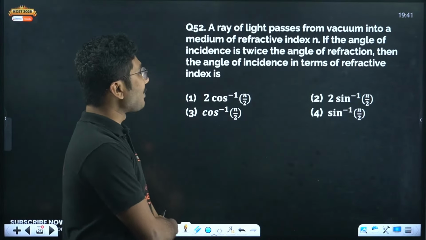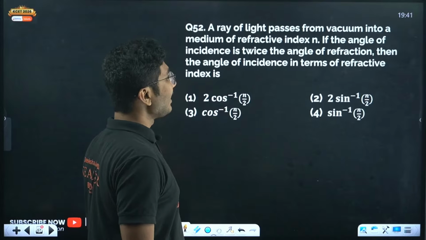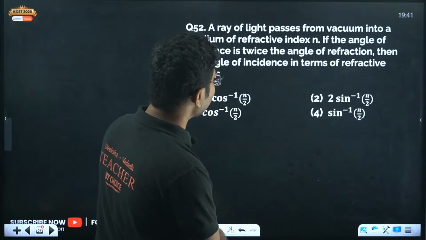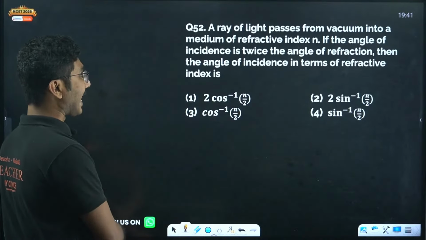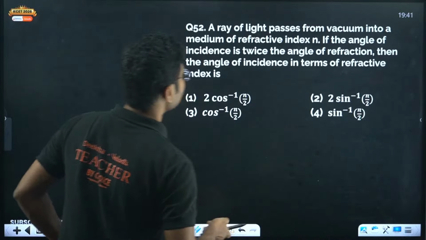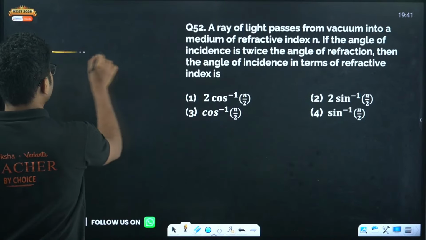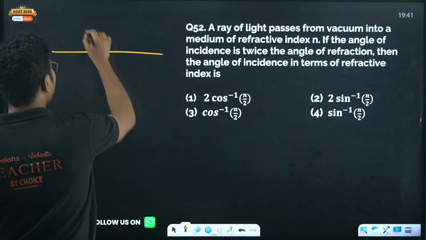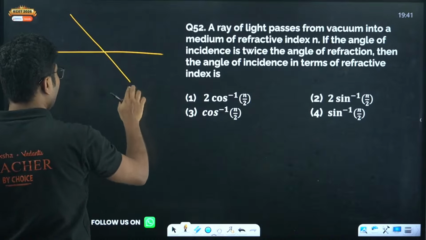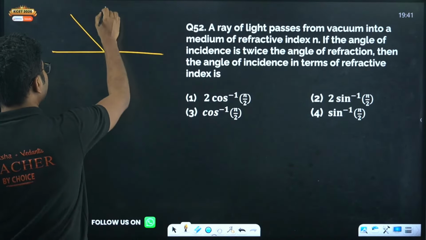A ray of light passes from vacuum into medium of refractive index n. If the angle of incidence is twice the angle of refraction, then the angle of incidence in terms of refractive index is. So here ray of light from vacuum passes into another medium.